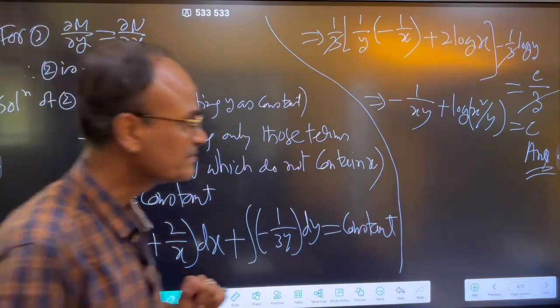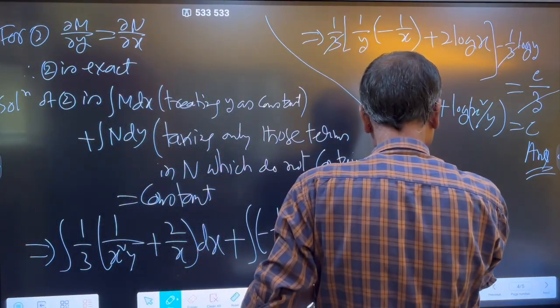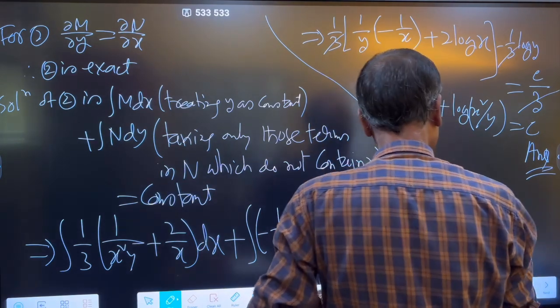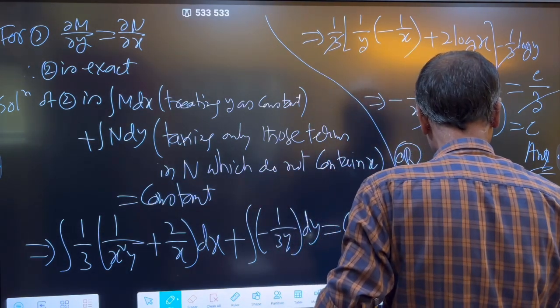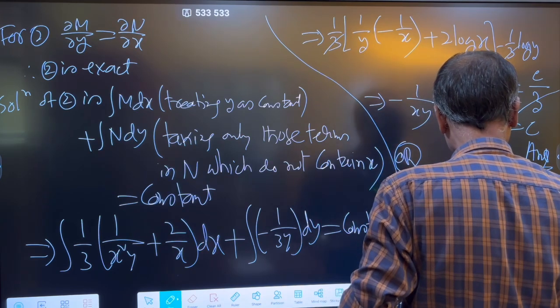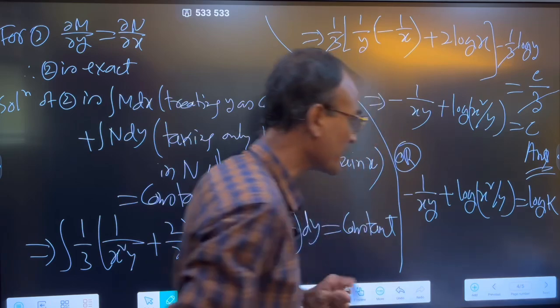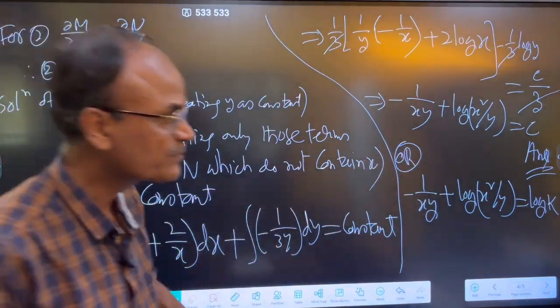Or you may write minus 1 by xy plus log of x square by y equal to log k. Suppose c is equal to log k.